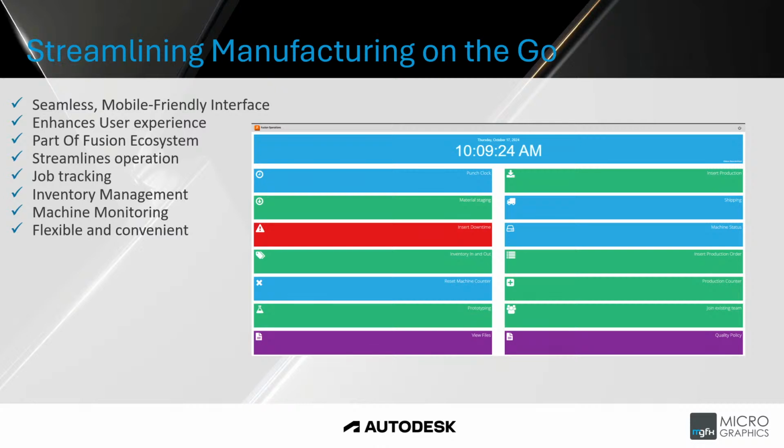On a tablet, these functionalities are optimized for touchscreens, providing flexibility and convenience for engineers, operators, and managers alike. And this is fully customizable. You can select which icons or which tabs you would like to see on your tablet or your smartphone, to make it even easier for the workers on the floor.